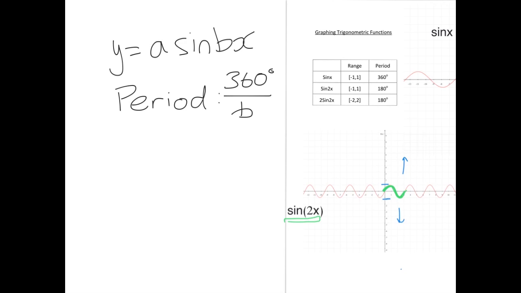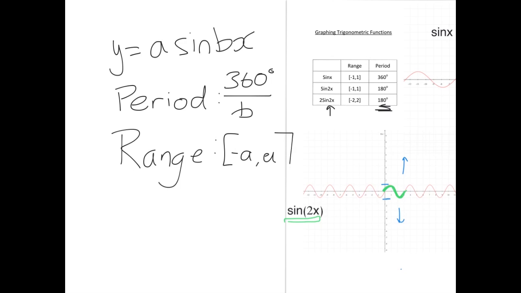So in the case when we had sine 2x, our b was 2, so our period was halved to 180 degrees, and our range will be -a to a. So in the case of 2 sine 2x, our range was -2 to 2, and since sine x and sine 2x are only being multiplied by 1, our range is -1 to 1.